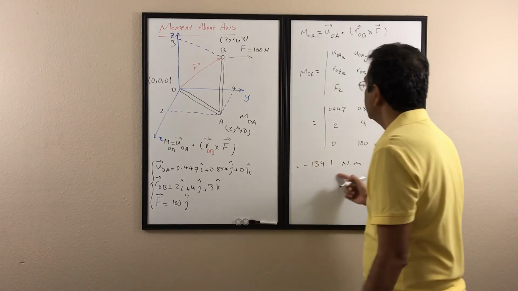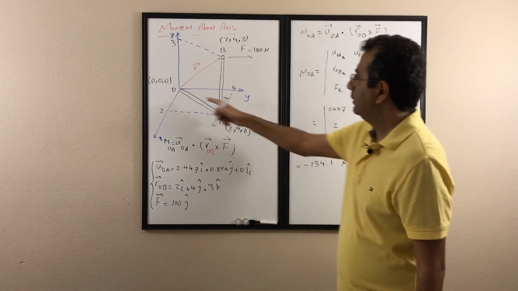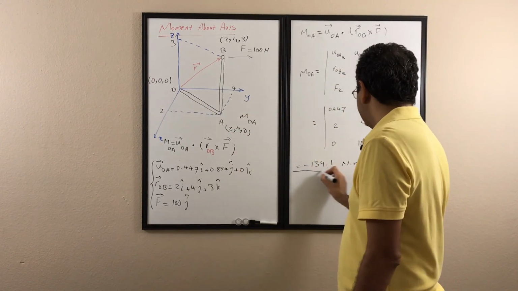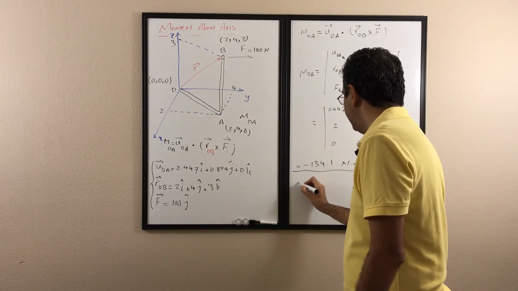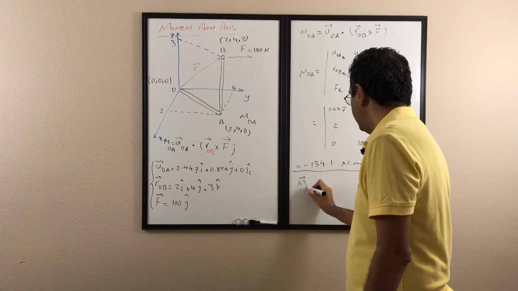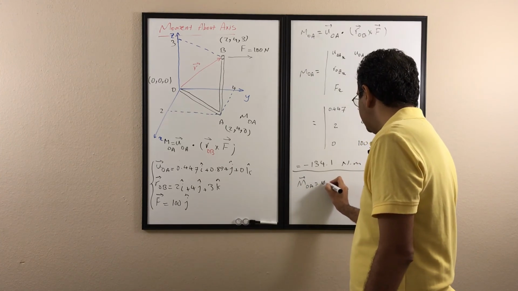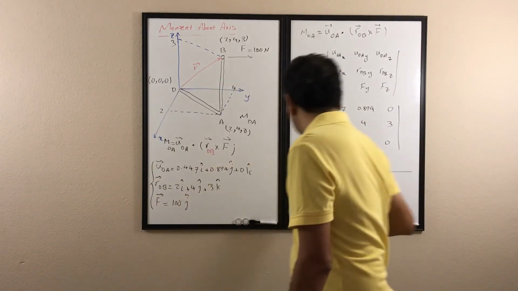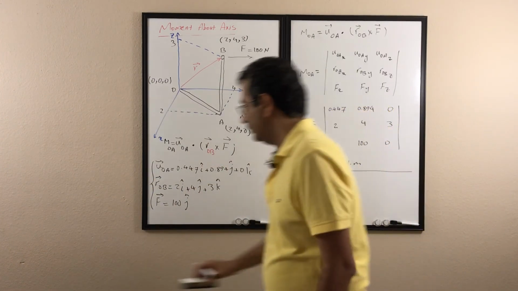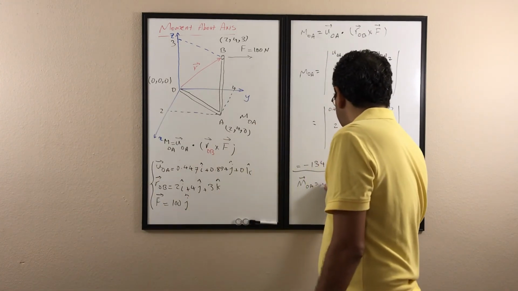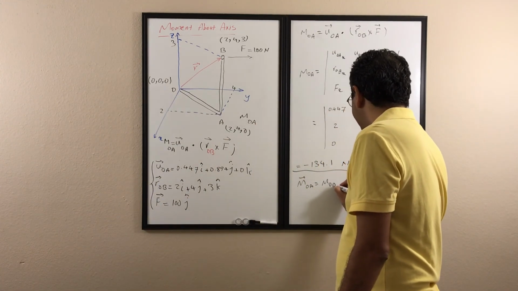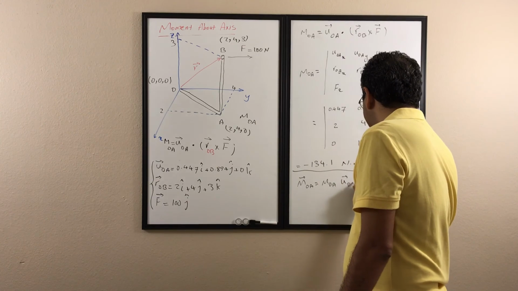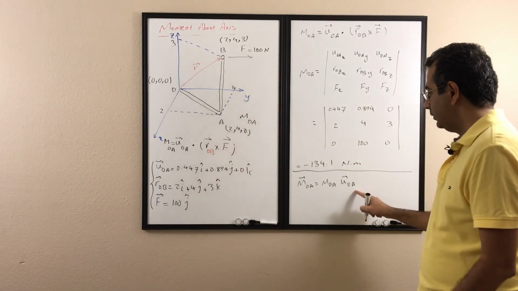So that is the magnitude of the moment about the OA axis. If we want the vector MOA, we know that it's going to be the magnitude times the unit vector. So it's going to be the magnitude of the moment about OA times UOA.